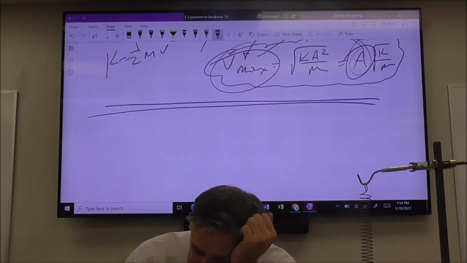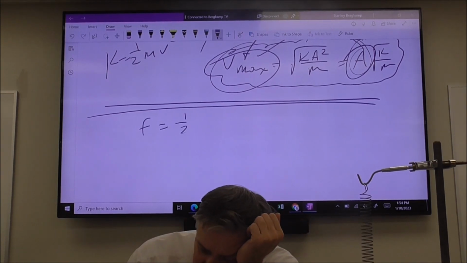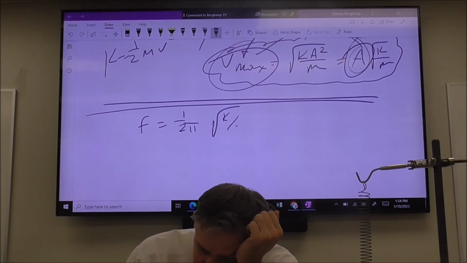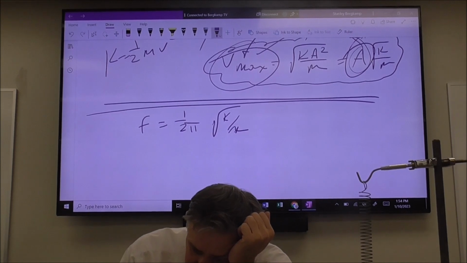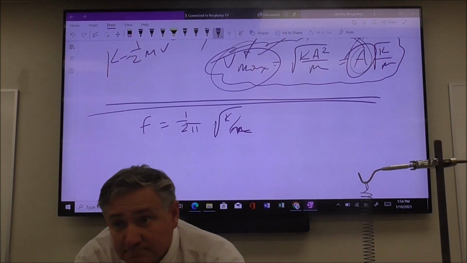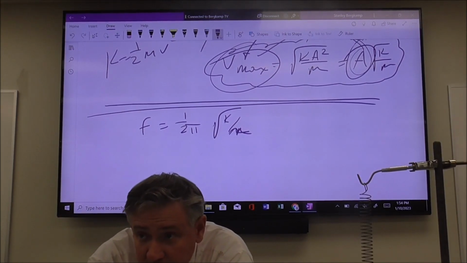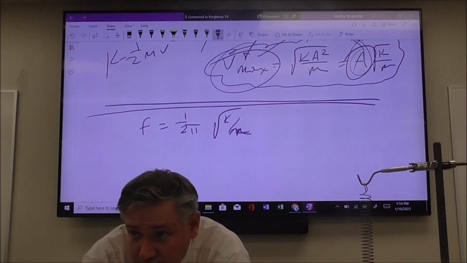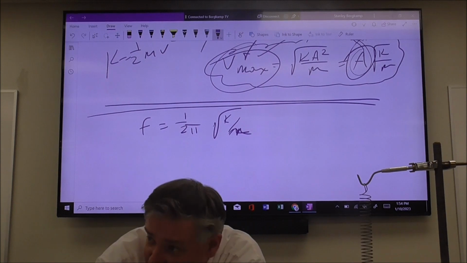Speaking of which, we said frequency equals 1 over 2 pi times the square root of k over m. Pendulum or a spring? Spring. Why? There's no length and no gravitational acceleration.